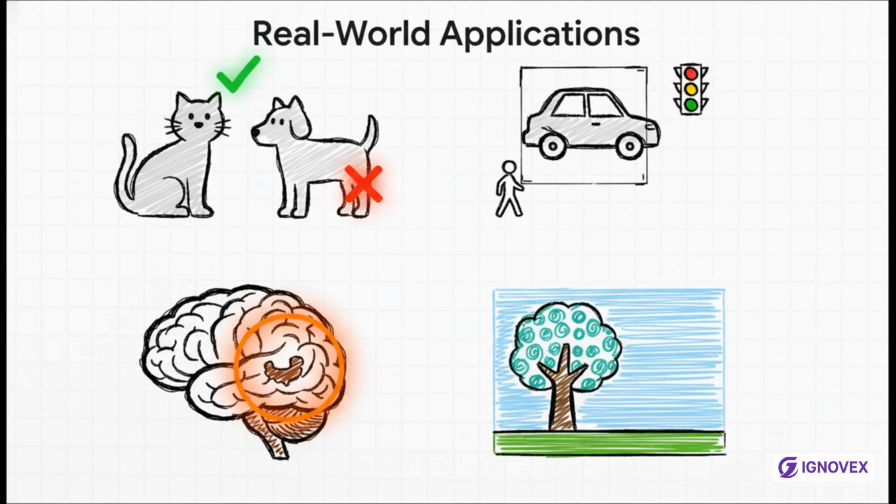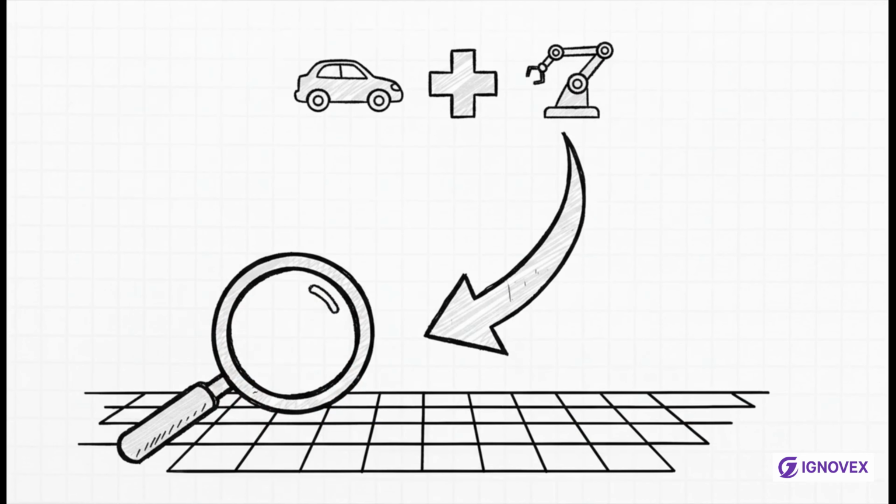And get this, it can even be adapted to find patterns in sentences for language processing. It's just that versatile. And it's just incredible to remember that all of these revolutionary applications, from autonomous vehicles to medical breakthroughs, they all boil down to that simple, elegant idea we talked about. Just a tiny detective's magnifying glass sliding over pixels looking for clues.